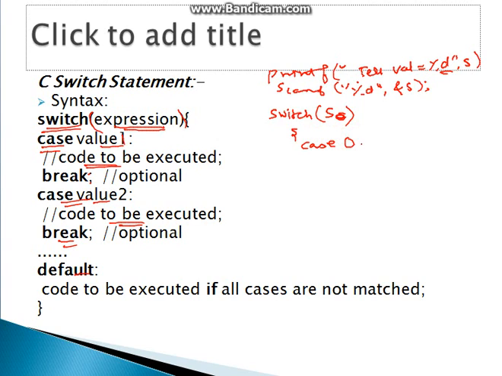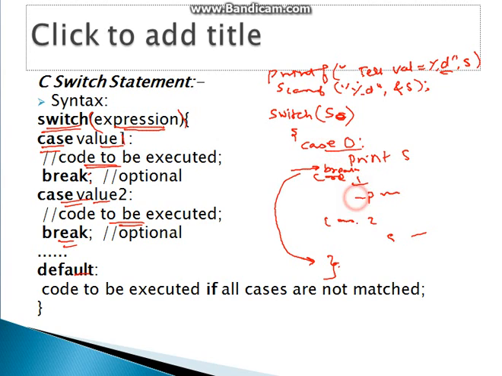If s value is 0, then print it is Sunday. If case value is 1, then print it is Tuesday. Case value is 2, then print it is Thursday. If this is executed, then you can break the statement. When you break, control directly goes to the closing bracket. And if none of the cases 0, 1, 2 is executed, you can write a default statement. Default can be an error or a sorry message. So this is the switch case statement.